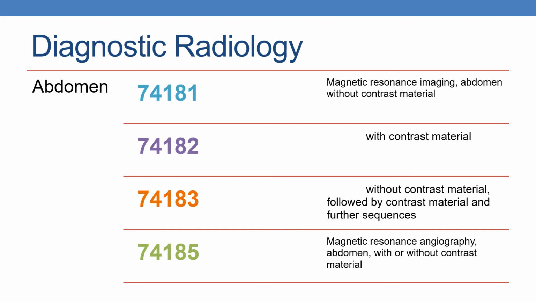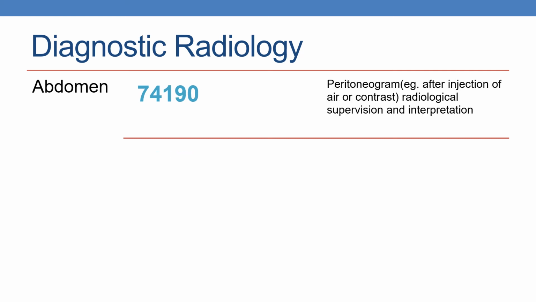Magnetic resonance angiography of abdomen with or without contrast materials is given by the CPT 74185. Now coming to the final code 74190, which is nothing but peritoneogram, radiological supervision and interpretation.